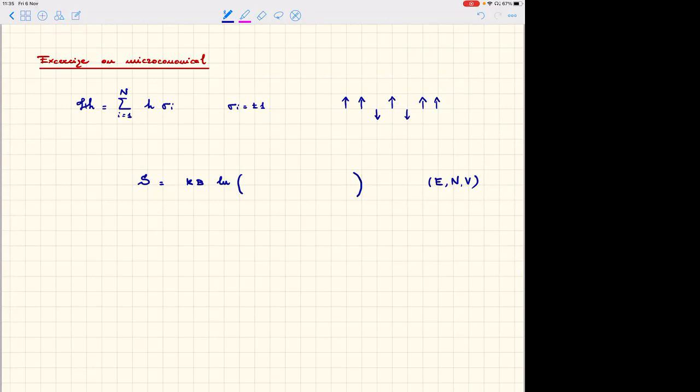So my entropy for this particular setting, in which I have discrete degrees of freedom, is equal to k Boltzmann times the log of what? I cannot define Gamma, Phi, nor Sigma, nor Omega, because I don't have a gas. What should I put in here?